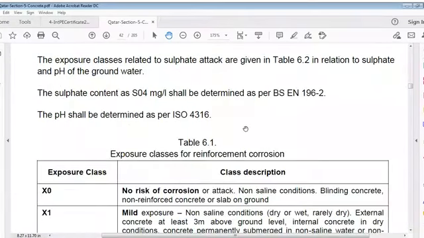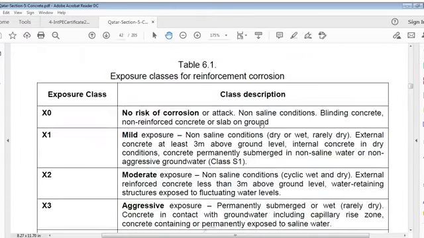Exposure classes related to sulfate attack are given in Table 6.2 in relation to sulfate and pH of groundwater. Sulfate content as SO4 in milligrams per liter shall be determined per BS EN 1962. pH shall be determined per ISO 4316.